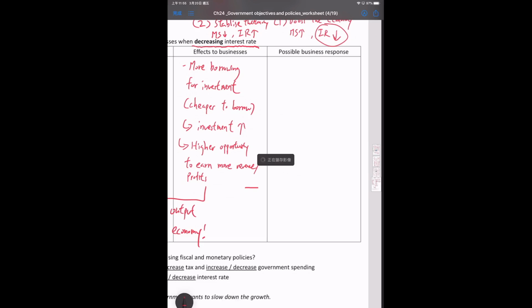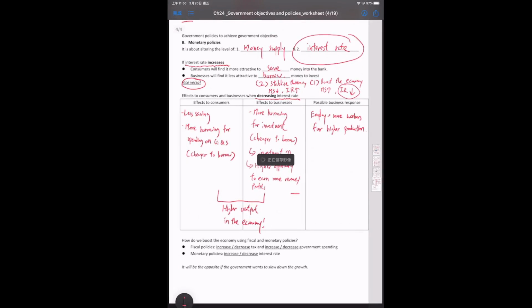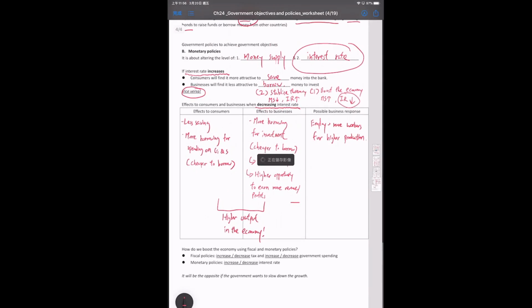They will employ more workers for higher production, and they will try to expand the business for economies of scale.